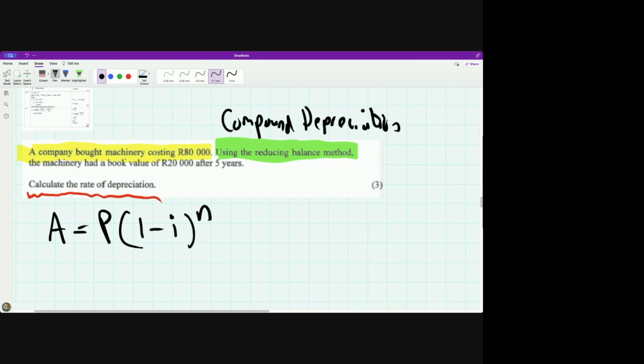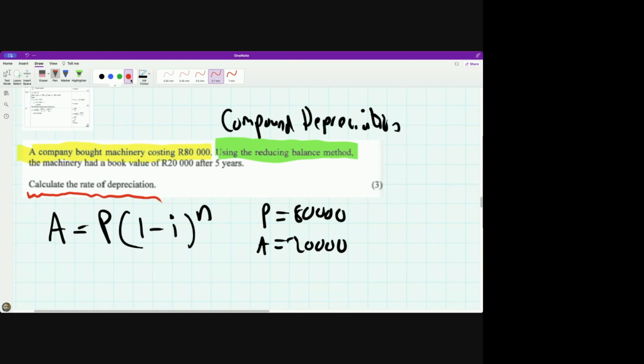So the machinery cost 80,000. So your starting value or your initial value is 80,000. The final value or the book value is 20,000. Book value is a fancy way of saying the value right now. So 20,000.